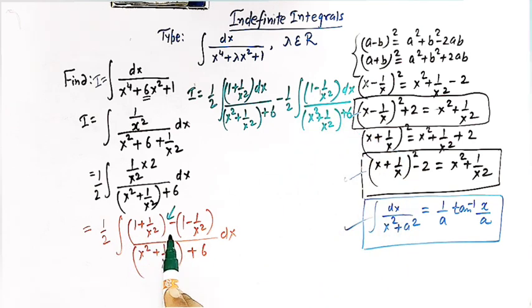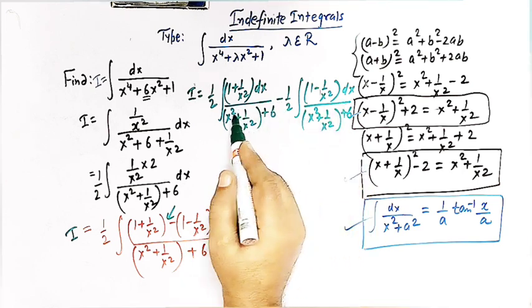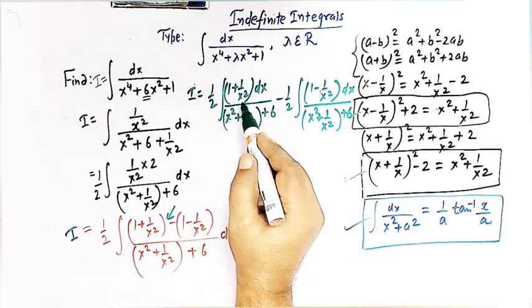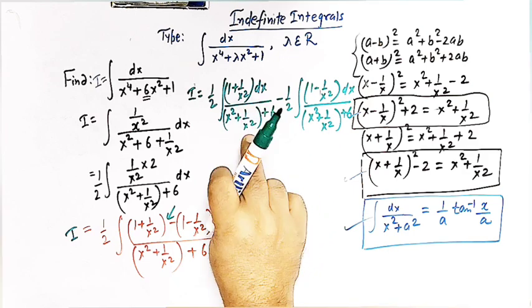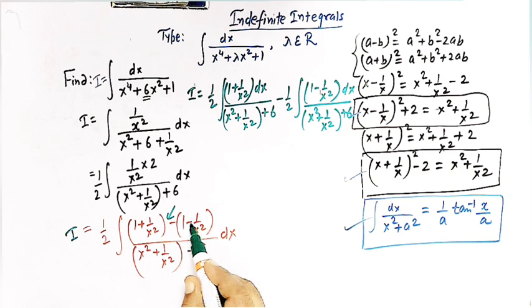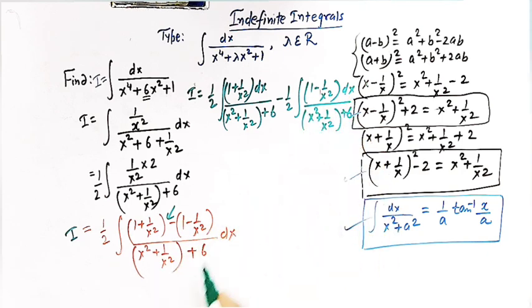So what we have done here is expressed this integral I as a difference of two integrals, right? The first one is half, then we have 1 plus 1 over x square dx and the denominator, then we have half and 1 minus 1 over x square dx and the denominator, right?